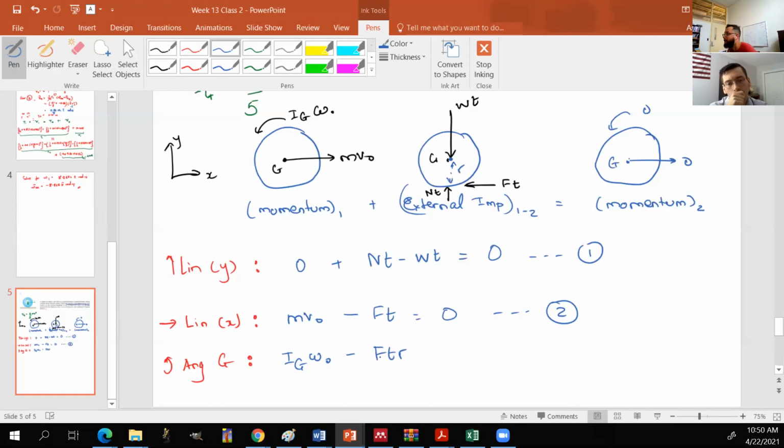Does that make sense, guys? If it doesn't make sense, think of it this way. It's going to be minus F R, which is the moment, and then you convert that into an angular impulse. There's going to be no moments due to the weight and the normal force because their lines of action pass through your point G, and you're looking at your angular momentum about G. Is that clear, guys?